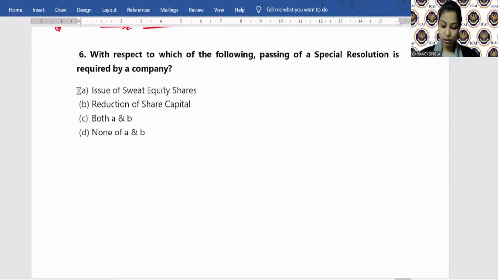With respect to which of the following passing of a special resolution is required by a company?